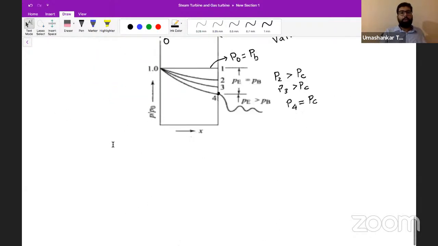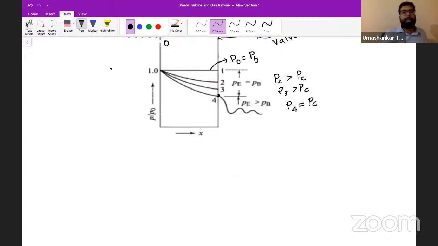Let us conclude our nozzle part with one last thing, that is nozzle efficiency. Then we will be entering into the impulse turbine. If somebody is thinking, sir, we came to learn the impulse turbine and we are learning the nozzle, let me tell you the nozzle is part of the impulse turbine.